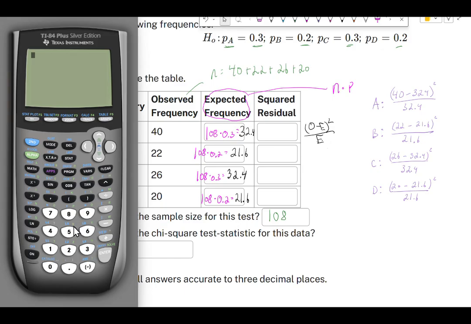So we're going to do, I should probably use parentheses, 40 minus 32.4, close parentheses, squared, divided by 32.4, enter. We'll get 1.783.